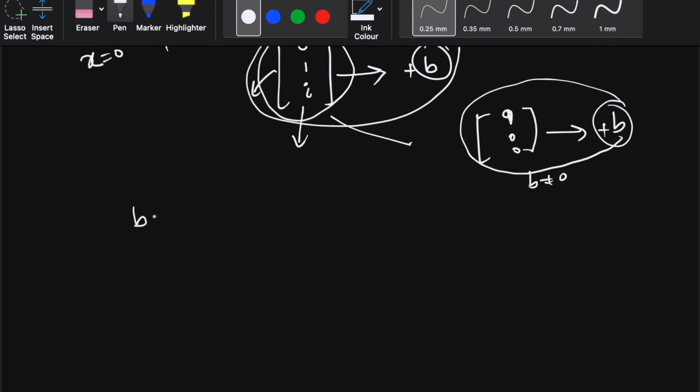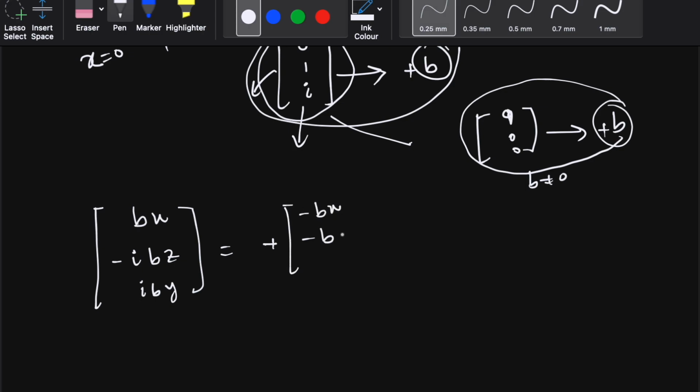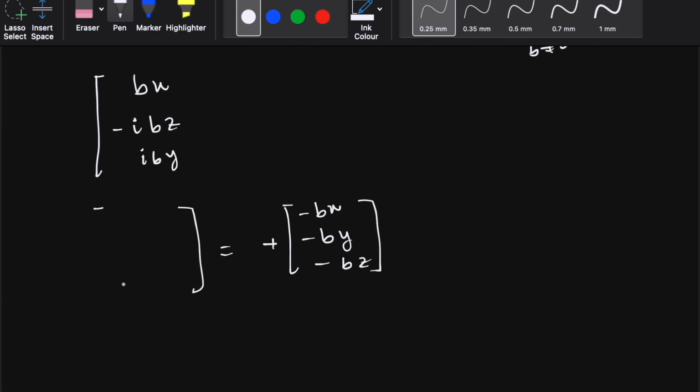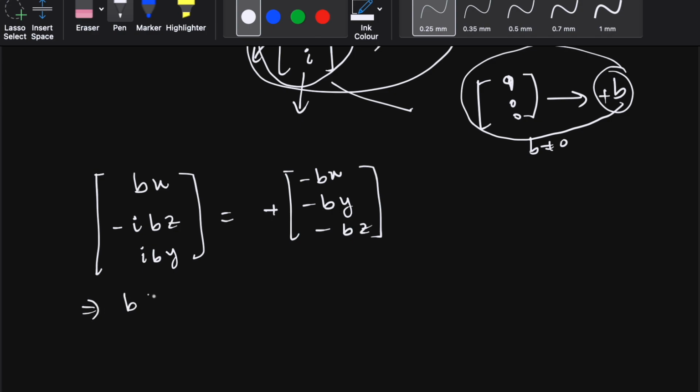The third eigenket will be (x, -iz, iy) and will follow this relation. The third eigenket corresponds to minus b, so it will be minus bx, minus by, minus bz. That means bx equals minus bx, so x equals 0, and from these two we get iz equal to minus y.